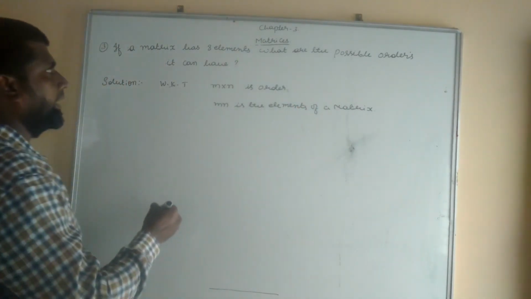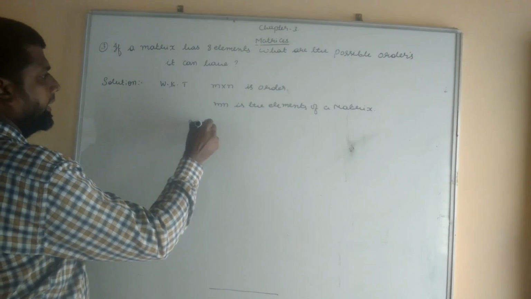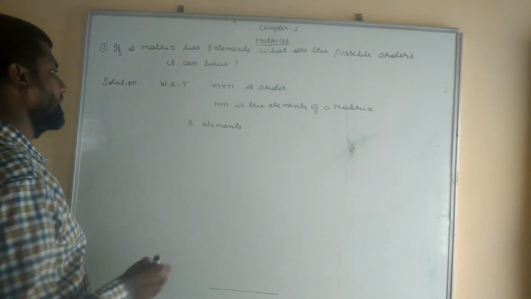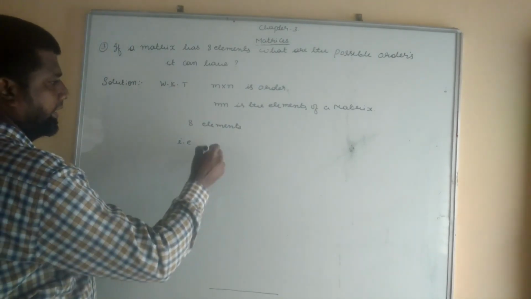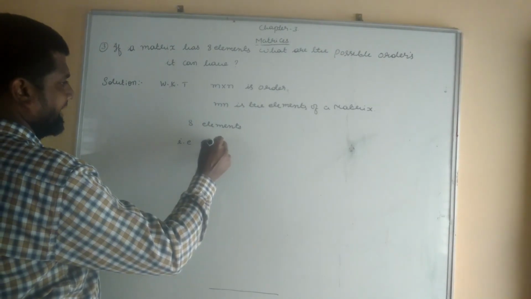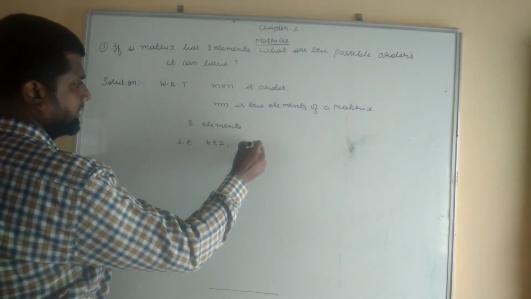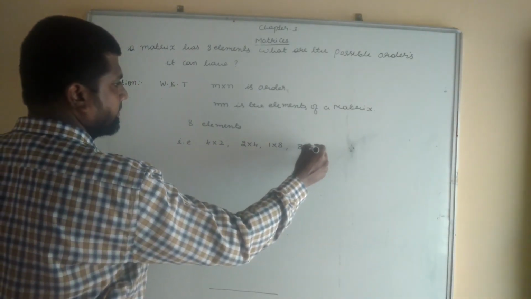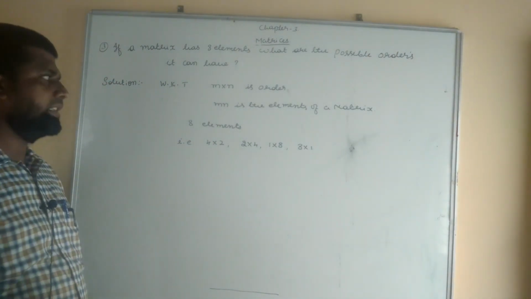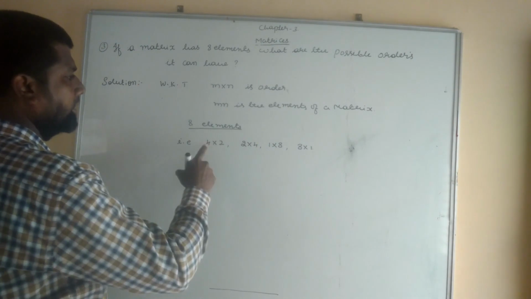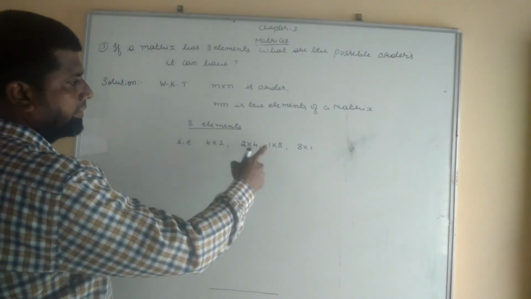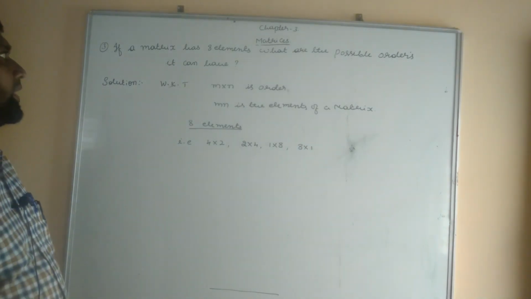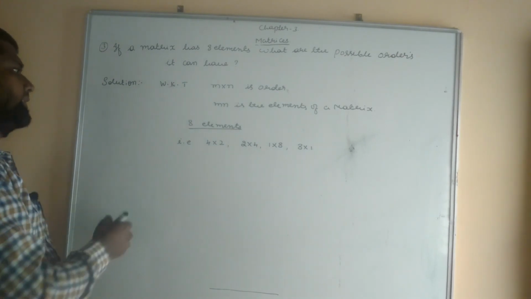So the possible orders are 4 cross 2, 2 cross 4, 1 cross 8, 8 cross 1. These are the possible orders we get from 8 elements. Because 4 2s are 8, 2 4s are 8, 1 into 8 is 8, 8 into 1 is 8.